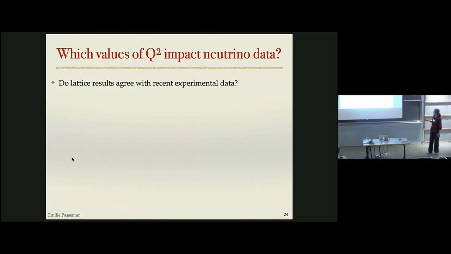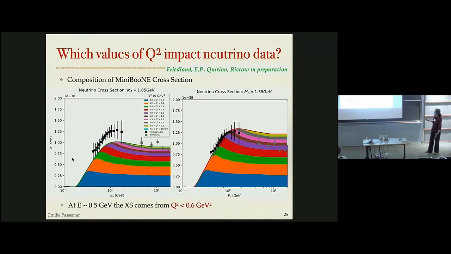Okay, so does lattice agree with the recent experimental data? Well, here I plot the integrated cross-section, okay? That is in green for the axial mass of 1.05, the old one, and the red one for the axial mass of 1.35 GeV. And then I will show you my prediction for the empirical parametrization.